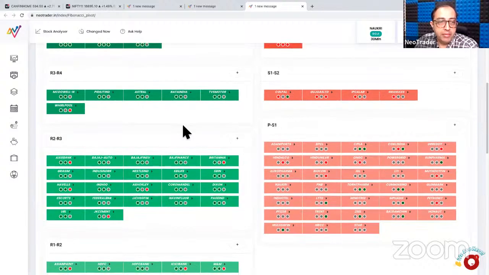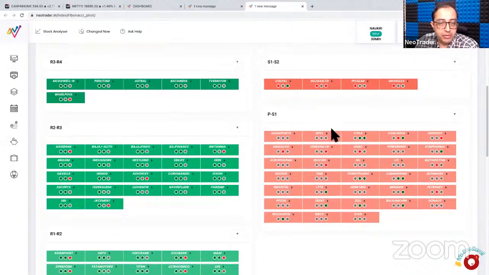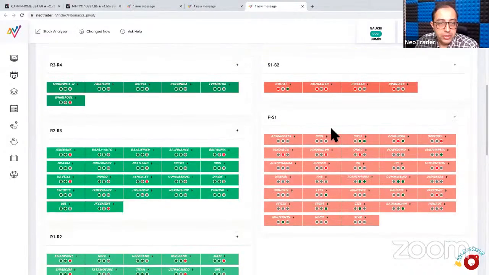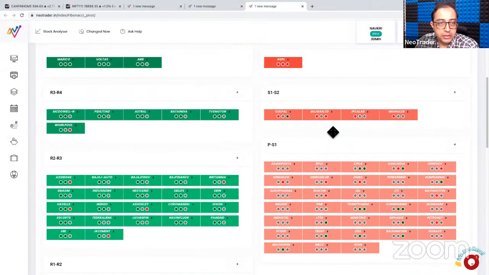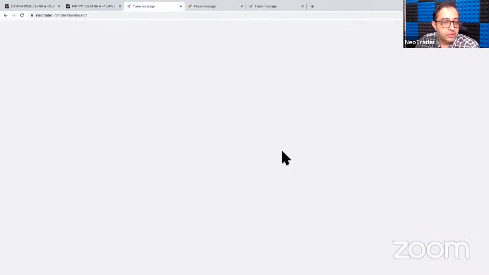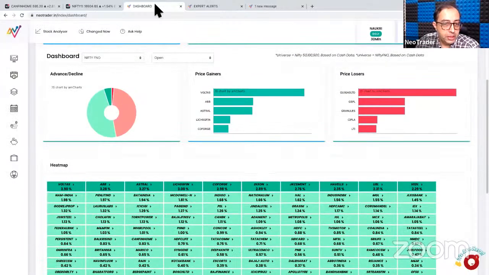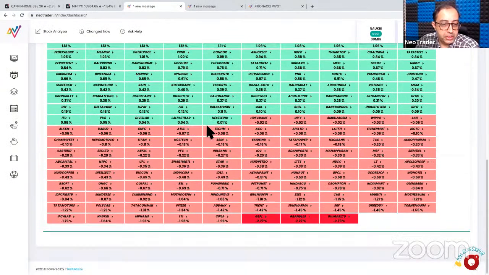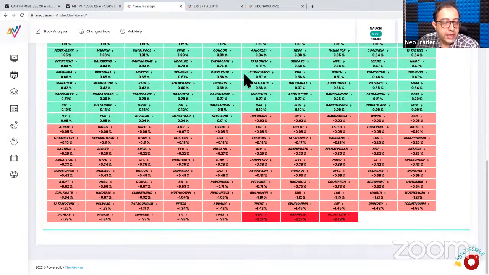Right? You can see here where there is bullishness, and for example, if you want to see the bearish side, you can see here, for example, GSPL. Okay, GSPL is bearish across all time frames. So if you want to see some stocks which are in bearishness, you can go here, then go down and see GSPL, Granules, and Gujarat Gas. So we've seen some bullish stocks.